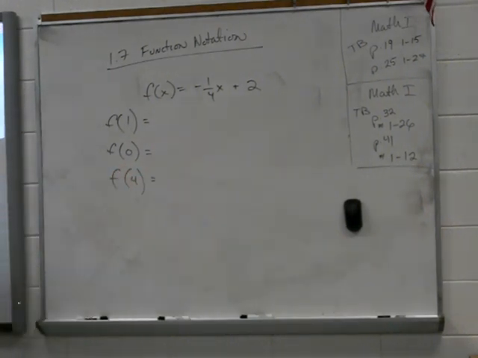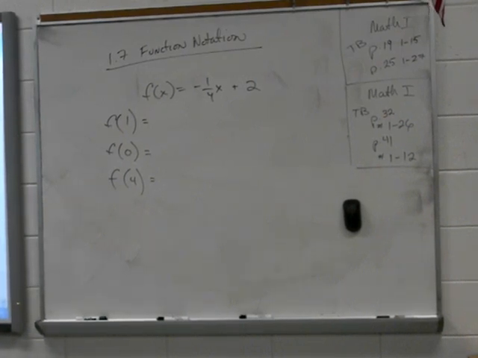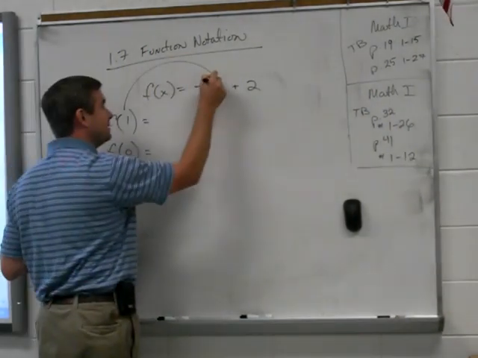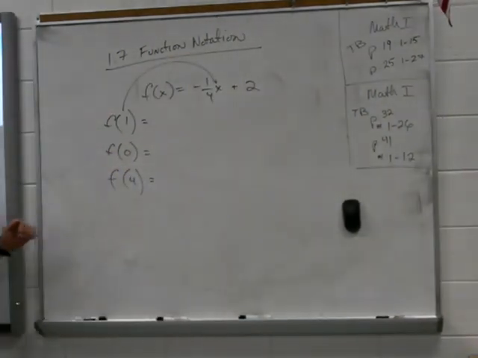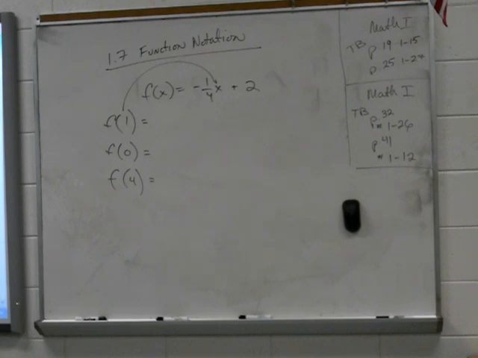Now we've got a fraction to deal with. It's not quite so easy, but we can use our calculator. Go get your calculator out. When I do f of 1 and I plug in 1, remember that 1 is going right there for x. Type it in on your calculator and see if you can figure out what it's going to be.